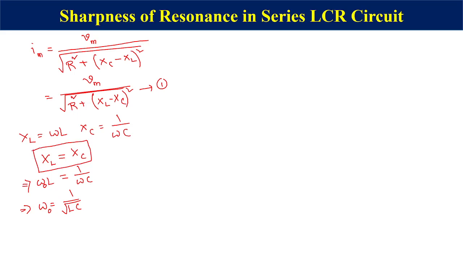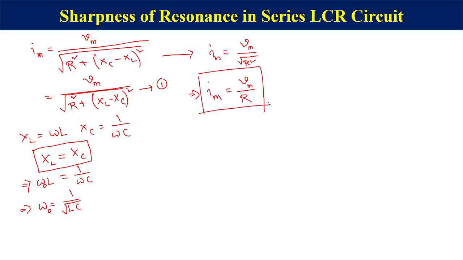So this current is the maximum current when omega is equal to omega naught, and that is when the resonant condition occurs. At resonance, this particular expression takes a different form, given by Vm upon square root of R square, so basically Im is equal to Vm divided by R. What is the meaning of this?